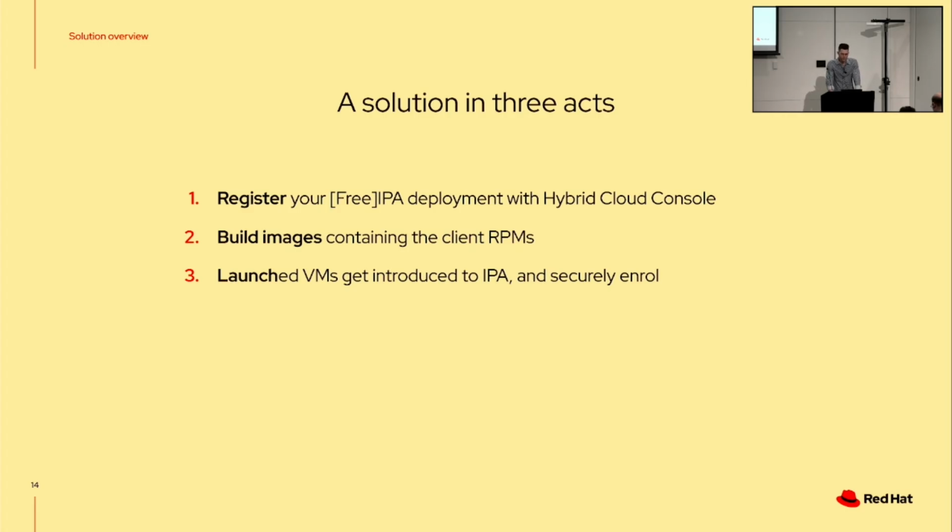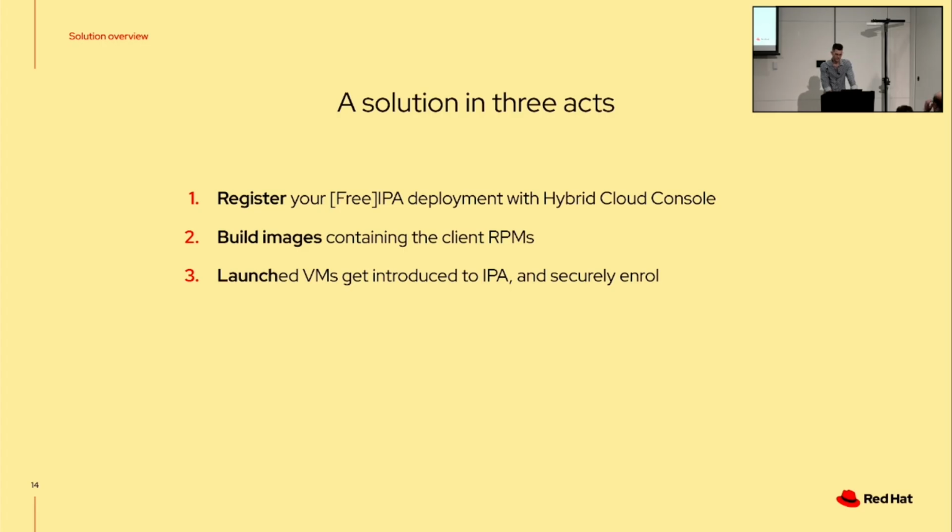In very broad strokes, there are three phases in the customer experience for our solution. The first phase is you need to register your IPA deployment with Hybrid Cloud Console, and we developed a service running on Hybrid Cloud Console in order to do that.